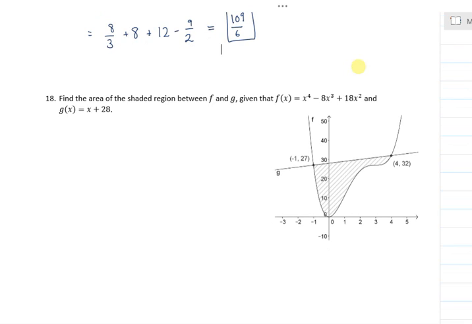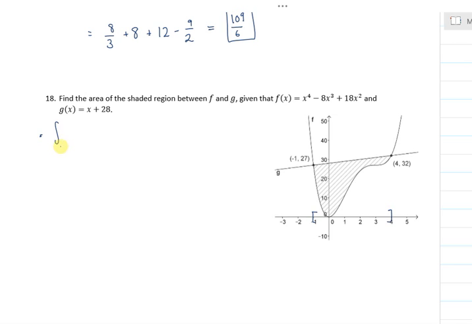Okay. Number 18 asks us to find the area of this fancy shaded region that's between f and g. So g is on the top and f is on the bottom. You can either subtract them like this. The integral from, okay, so my x's are -1 and 4. Those are the points where the functions cross.